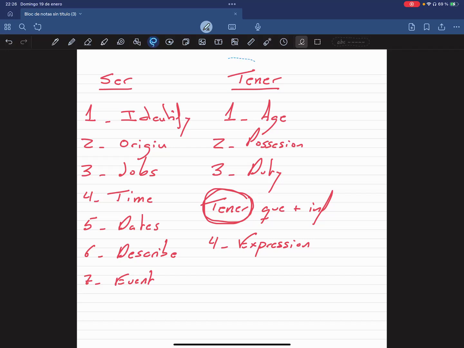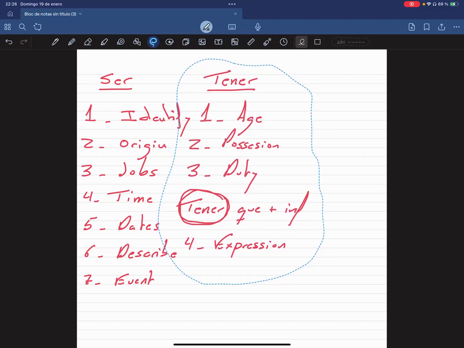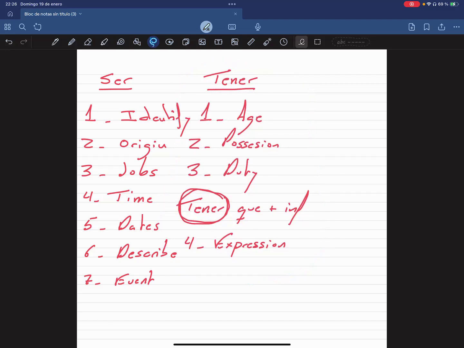And finally, we have the verb estar, that is the last one that we have seen. It also means to be, but we use it for different things. We use ser for some things and estar for some other things. For example, we use it to talk about locations.